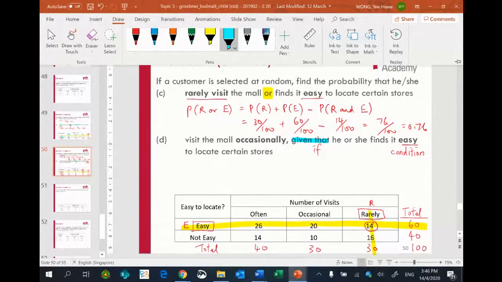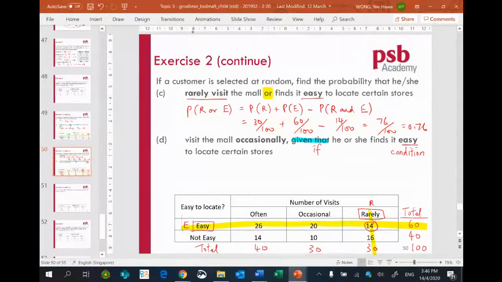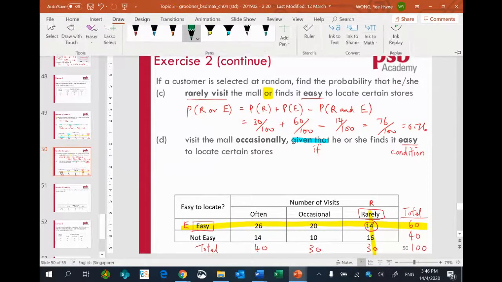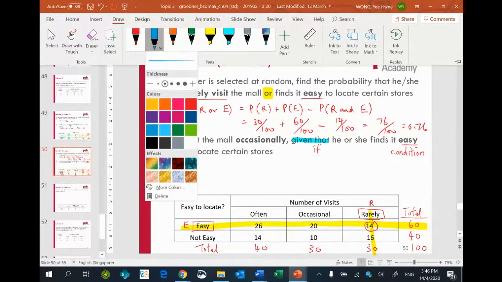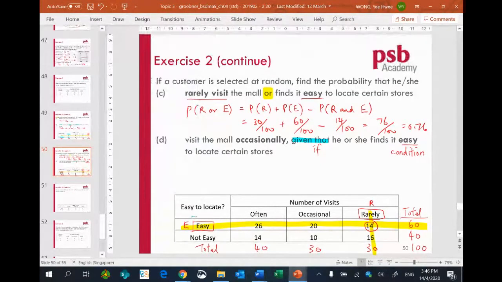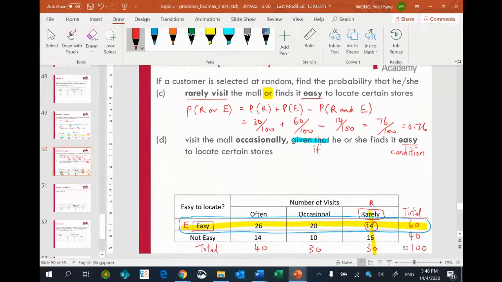Easy is the condition. Okay, I cannot use a highlighter anymore because it's already highlighted. So this whole thing which is easy, that is the condition.